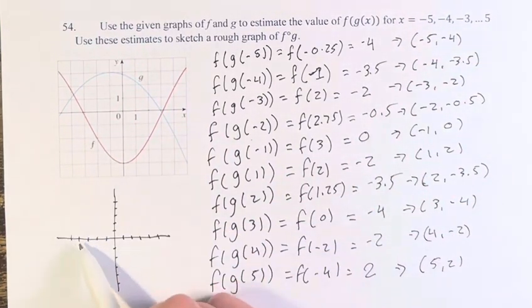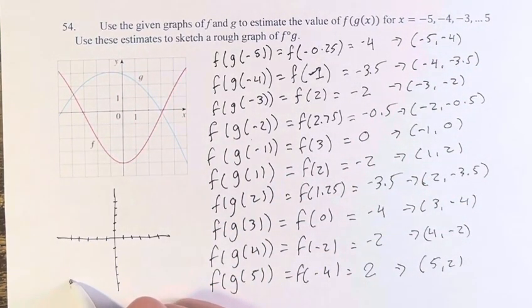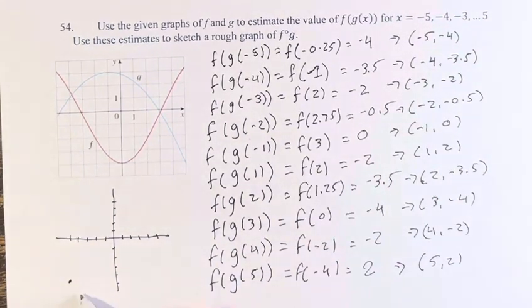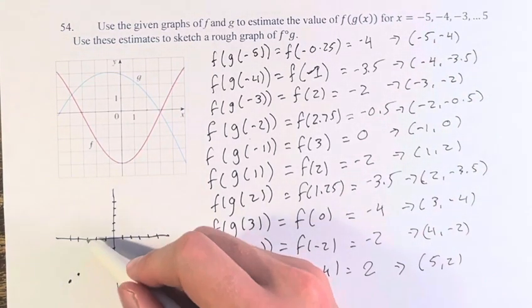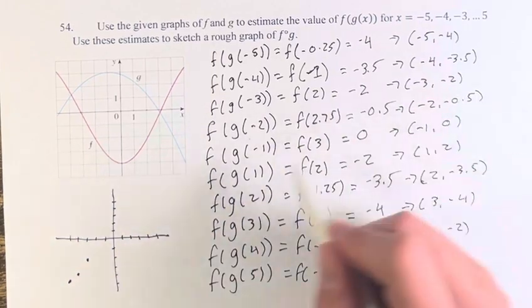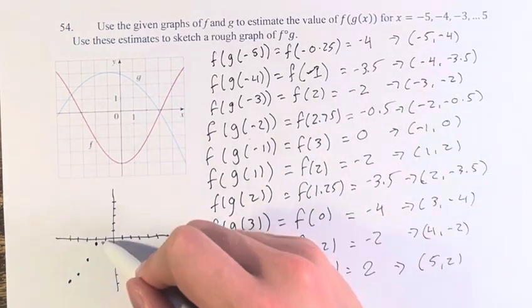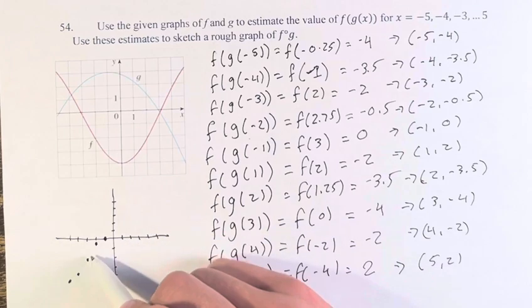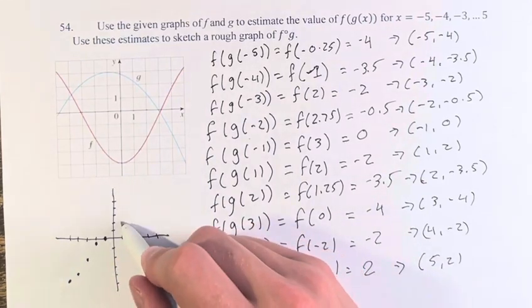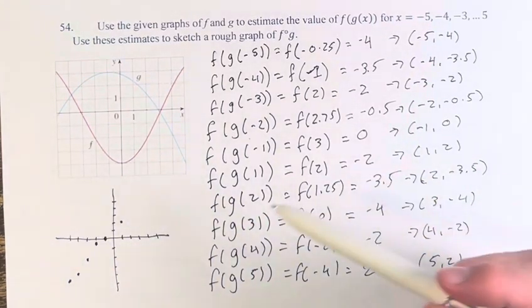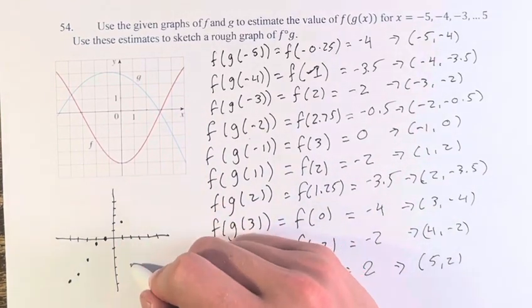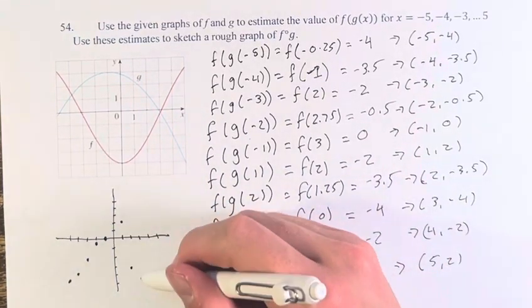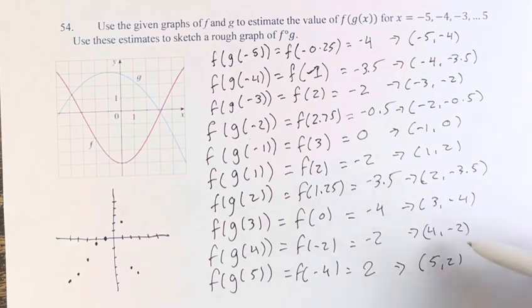So we have (-5, -4), (-4, -3.5), (-3, -2), (-2, -0.5), (-1, 0), (1, 2), (2, -3.5), (3, -4), (4, -2), and (5, 2).